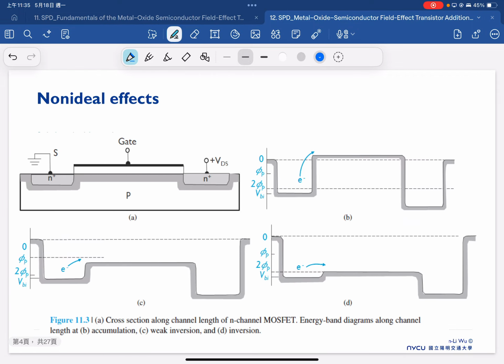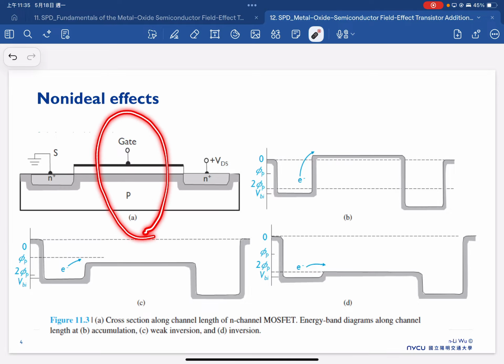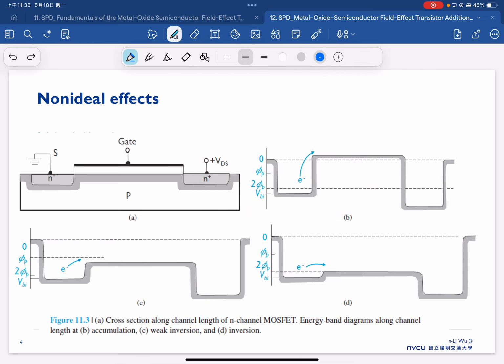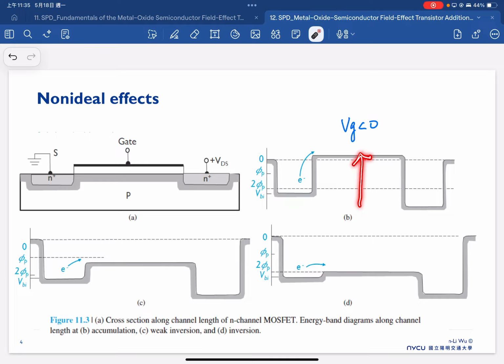We can also understand this from another aspect. This is a band diagram from the source to the drain, without any bias. Now if we consider VG smaller than 0, we increase the barrier, so the electron is not likely to jump from the source to the drain because of the large barrier here.